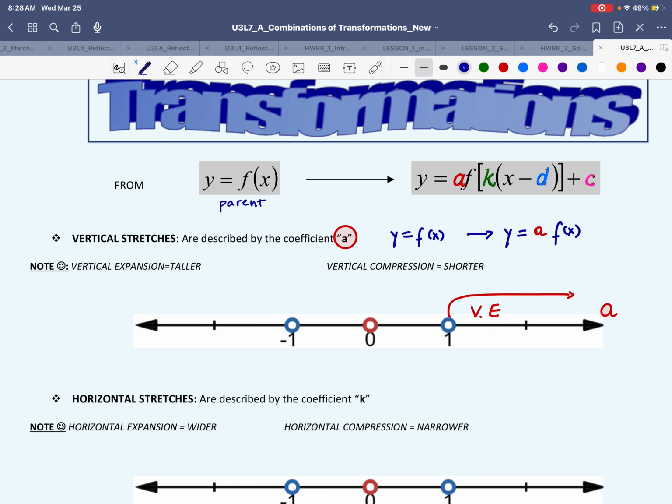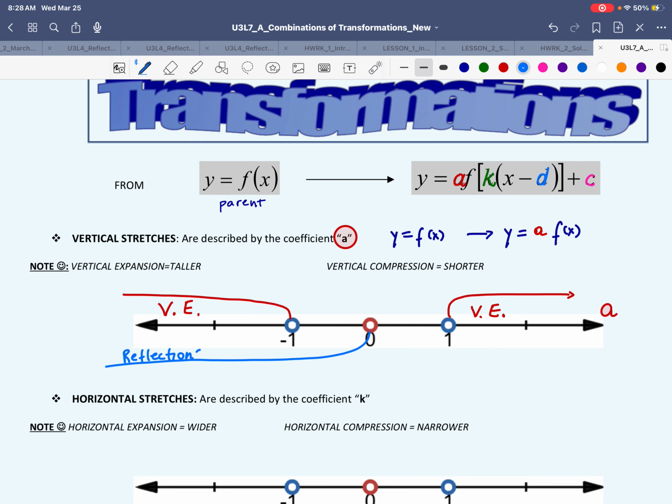Now, similarly, if the values of a are less than -1, the function will still undergo a vertical expansion, but along with it will also undergo a reflection over the x-axis.